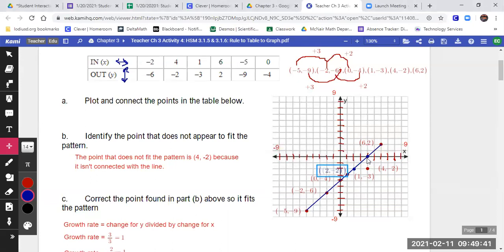Or we could choose the 4 for the X, and what would the Y be? If I chose to use the 4 of the wrong coordinate, it would be 4 comma what to fix it and make it work for the pattern.